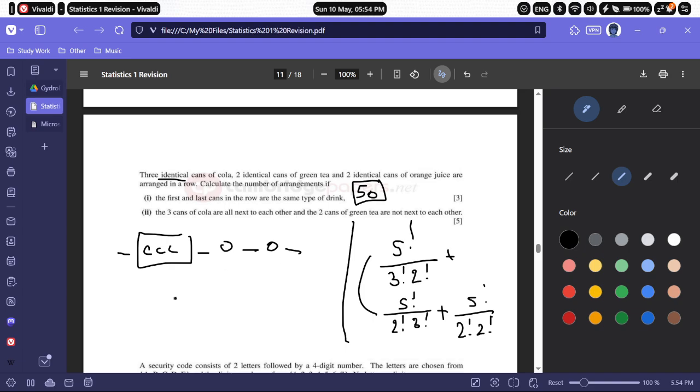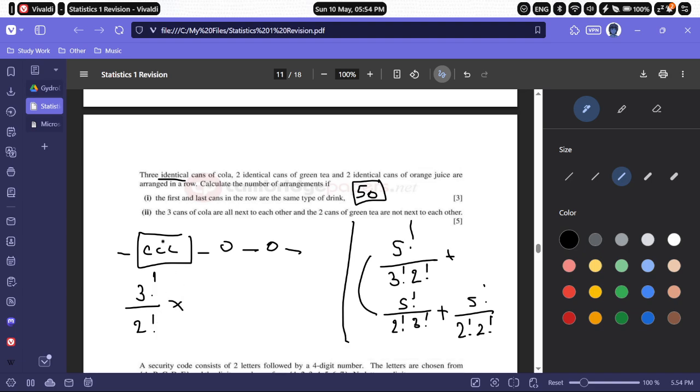So you would start by arranging the ones that are not going in the gaps, so the box and the two O's. So that's 3 factorial, right? But keep in mind that the two O's are repeating as well, so you have to account for repetition. So 3 factorial over 2 factorial.